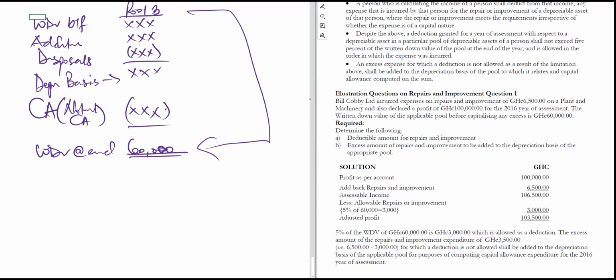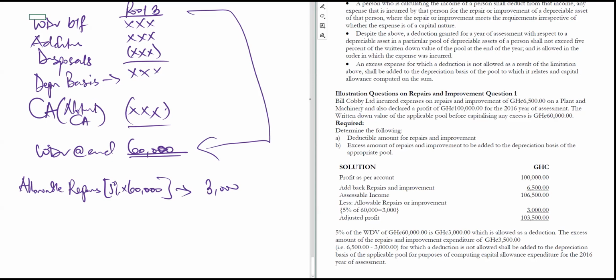Do you all follow? Yes. So what's the allowable repairs? That's 5% of the 60,000, right? And that gives us about 3,000.